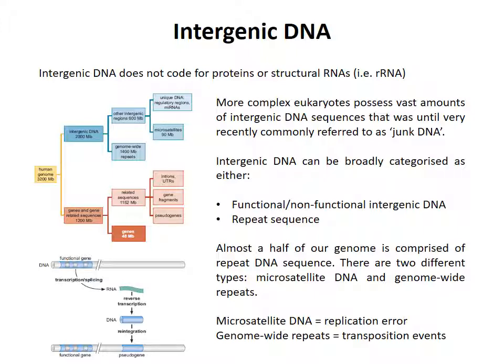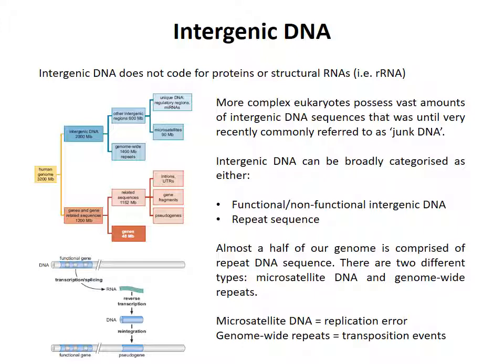Now, this repeat sequence itself is comprised of two different types: microsatellite DNA and genome-wide repeats. Microsatellite DNA represents replication errors, and they tend to be dinucleotide sequences, runs of C's and A's next to one another. The reason these microsatellites appear within our DNA is that runs of dinucleotide sequences such as CA, CA, CA, CA, etc., are very tricky for the cell to replicate.